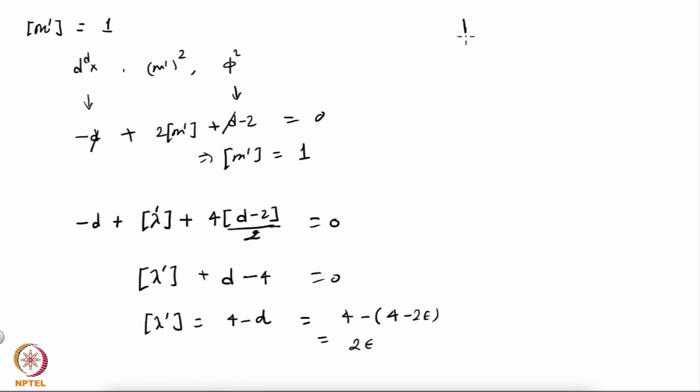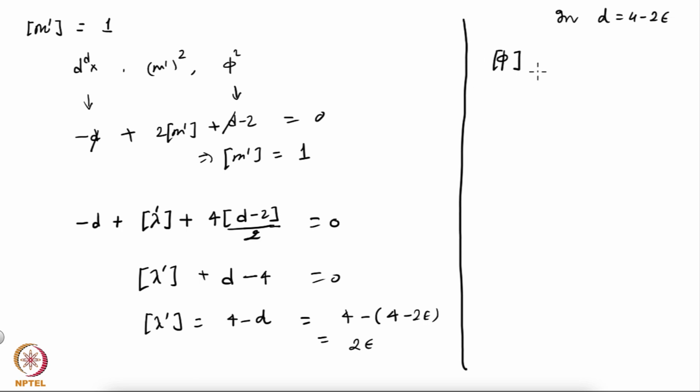Let me record all this here. Phi has dimension 1 minus epsilon, m prime has dimension 1, that didn't change from 4 dimensions, it's still the same. Lambda prime has dimension 2 epsilon.